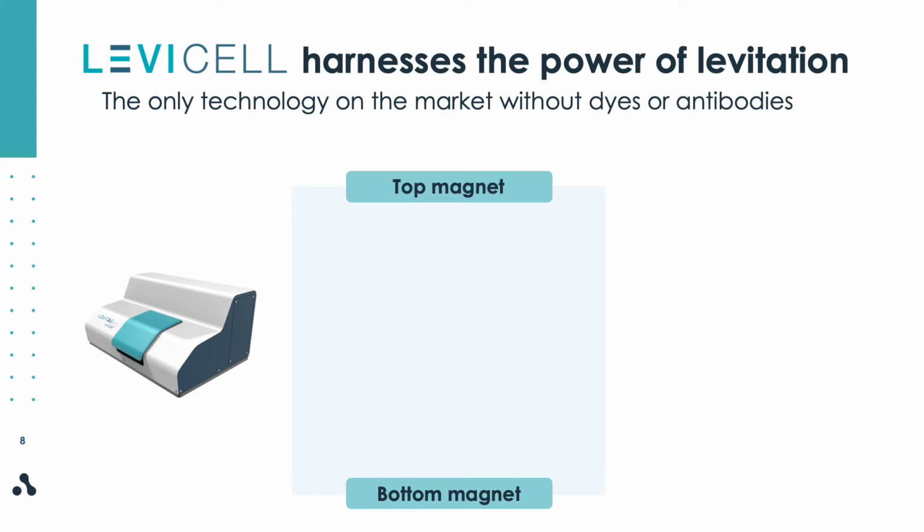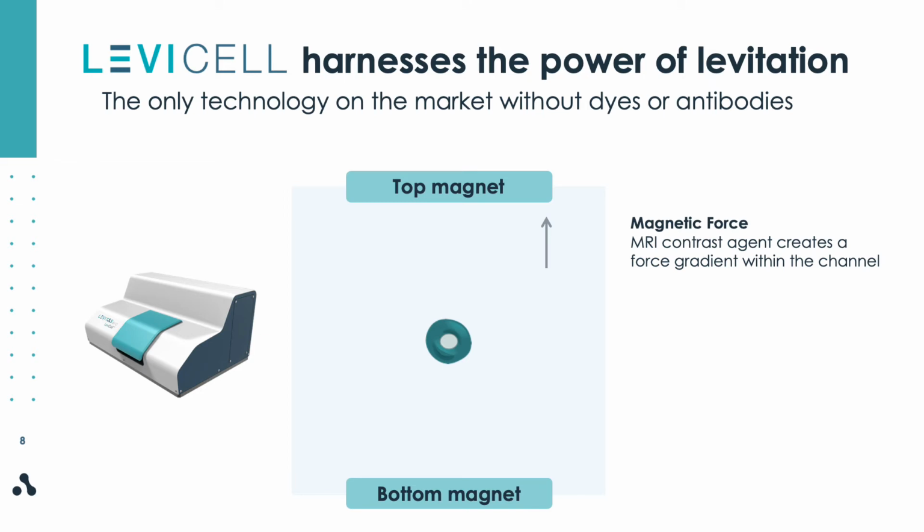Now, if we were to take our cell suspension and place it into liquid between the 2 magnets, there are several forces that are in fact acting on the particle. The first and the most important is what we call the magnetic force. In order to make the entire system work, we spike in a little bit of FDA-approved contrast agent into the solution in which the cells are placed.